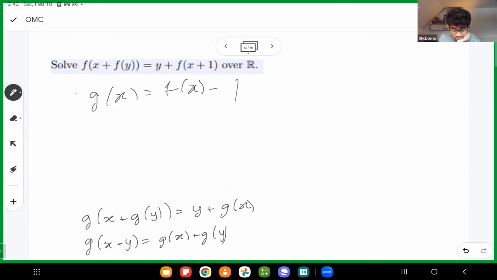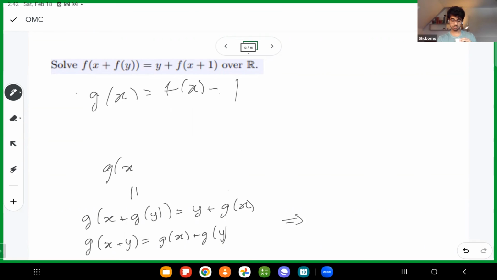What else? From using these two facts, basically, what do we get? Implies, you get g is involution.